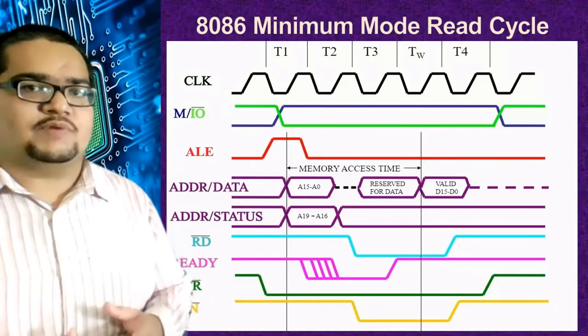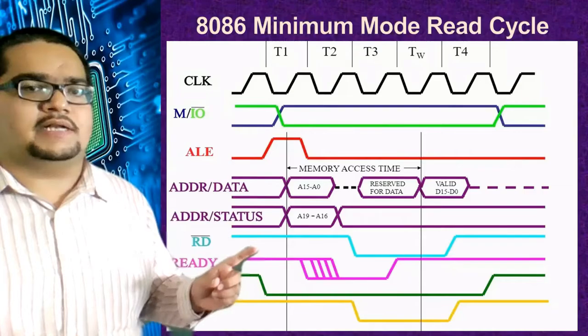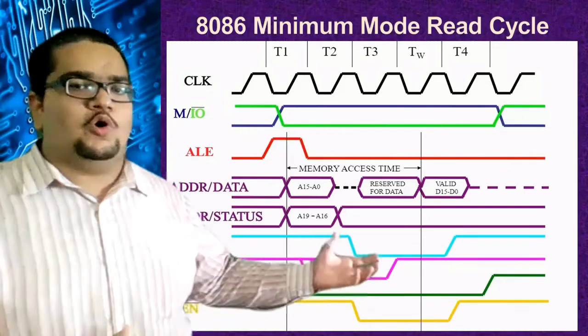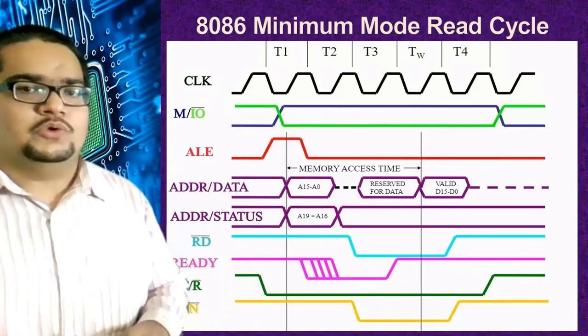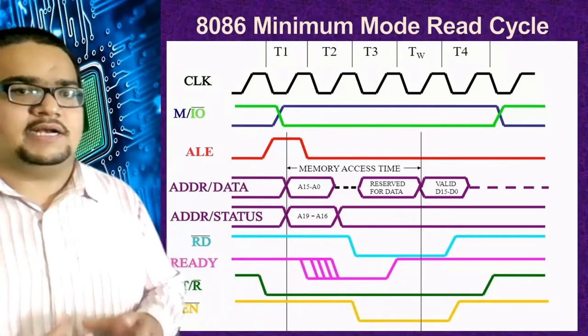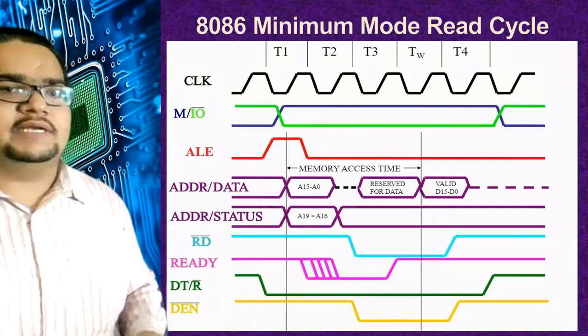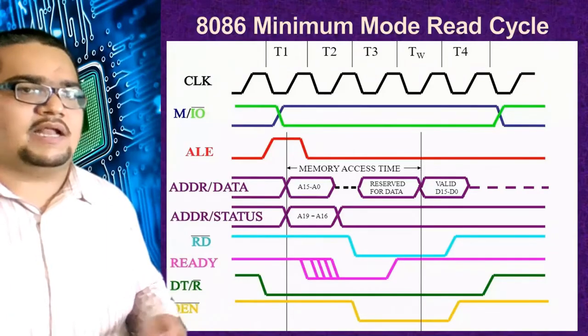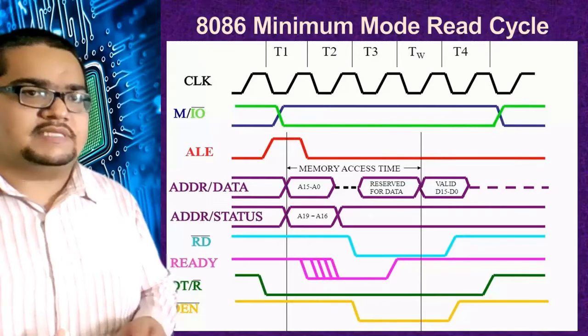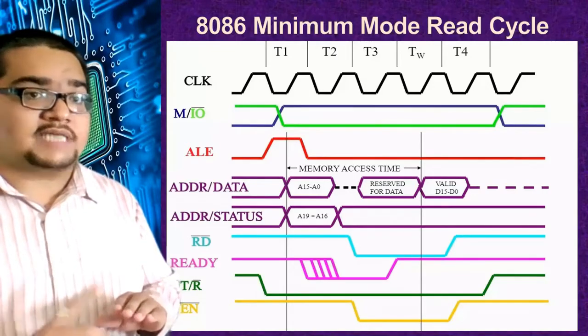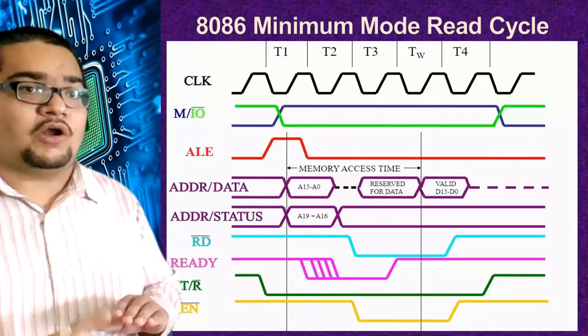As this one is a read cycle, you can see this particular read signal active here. When it is low, that means it is active. It is read bar, so active when it is low. So it will be active to indicate that the read operation is going on. About the DT/R bar, there is a dark green color here. We have talked earlier about this signal: whenever it is high, the processor is transmitting, or writing.